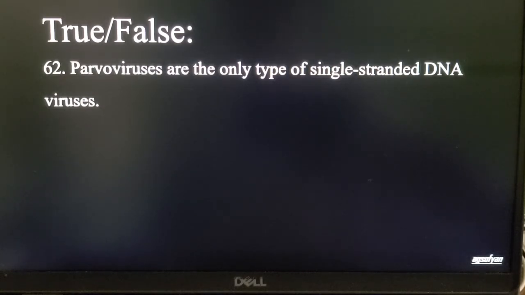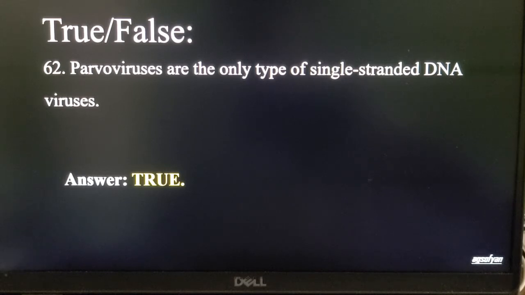Number 62. Parvoviruses are the only type of single-stranded DNA viruses. True or false? It is true. Remember, this is a very unique type of virus.